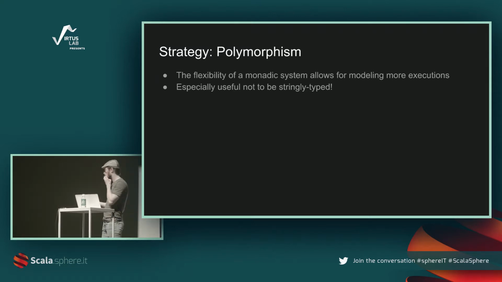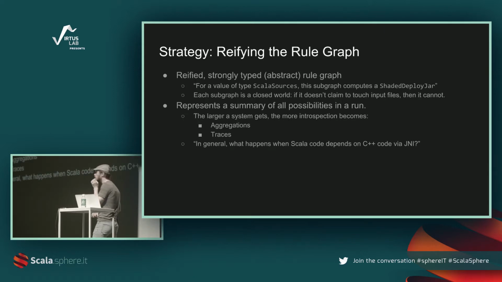And in particular, because these monadic systems are so much more flexible, you can expect that you're going to want to build more things with them. And when you build more and more complicated things, you're going to want types to keep you safe. Let's not be stringly typed.